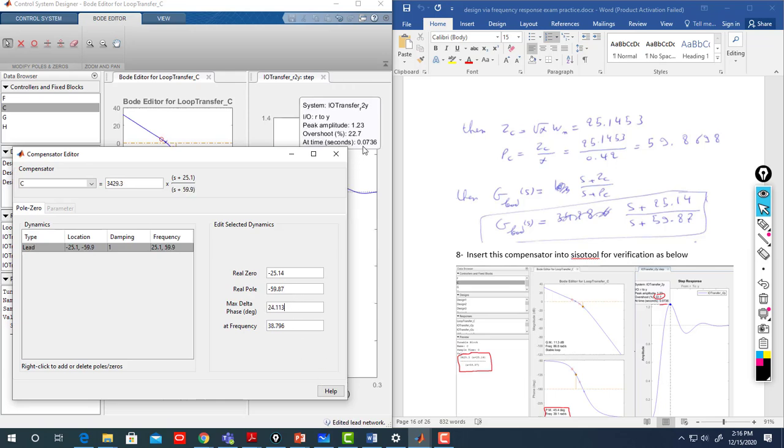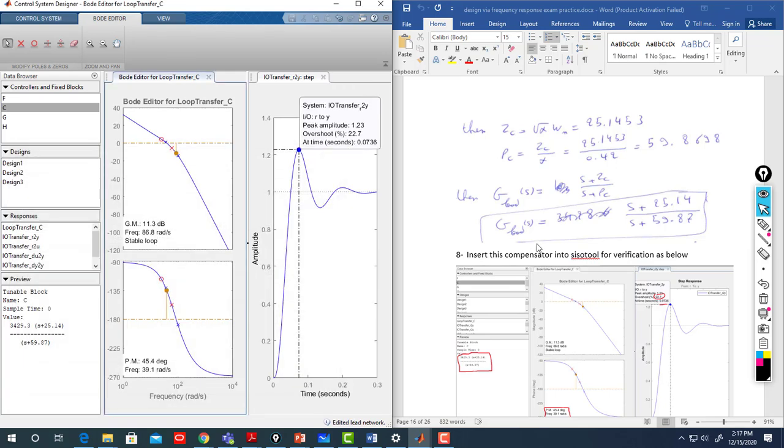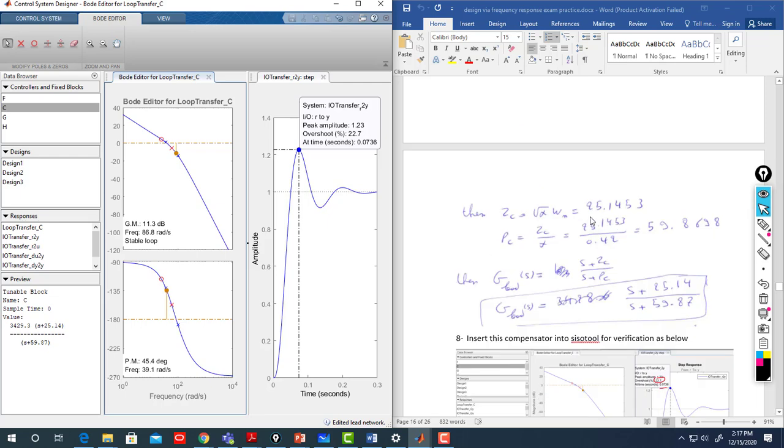And so which method do you want to use? The hands-on method, or the calculation method, or you just put your pole and zero and alternately change them until you reach your requirement? Well, the calculation method is recommended if you have a MATLAB program in which all those calculations are done.